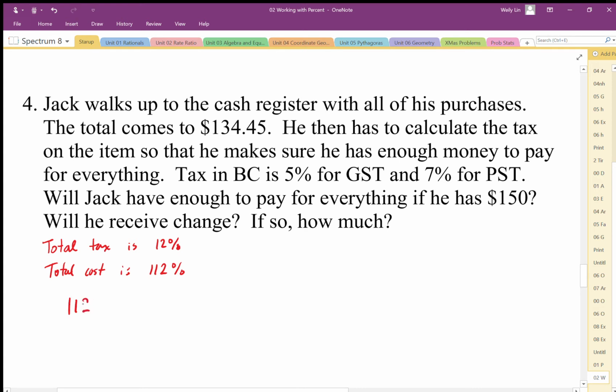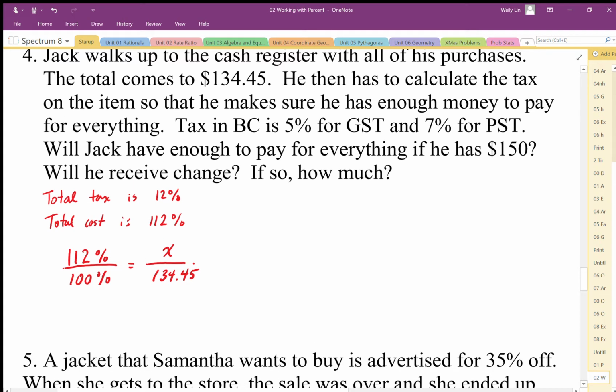I want the 112% to be compared to the total before tax, which was $134.45. The x then represents the amount we pay after all the taxes have been added on, the 112%. And again, we were able to add the percentages together in this case.